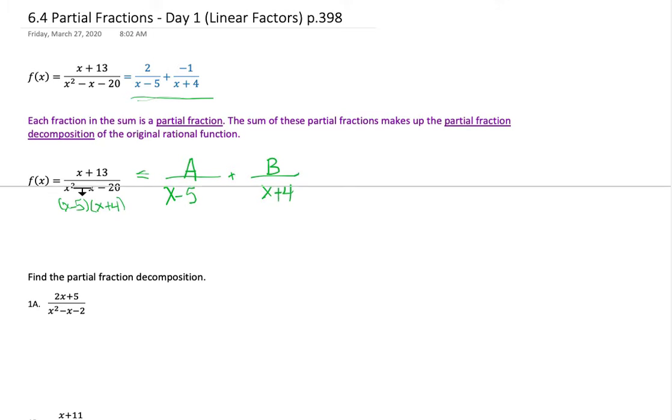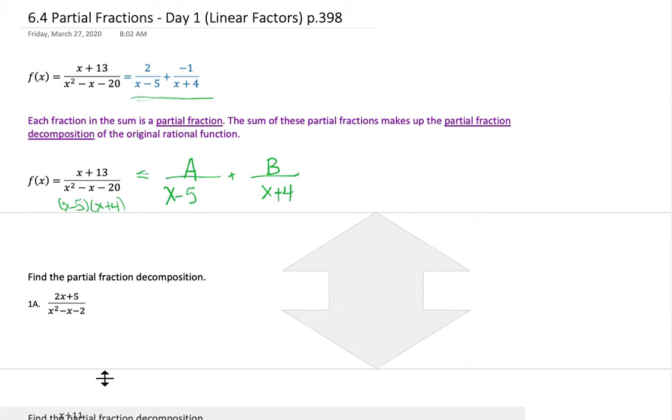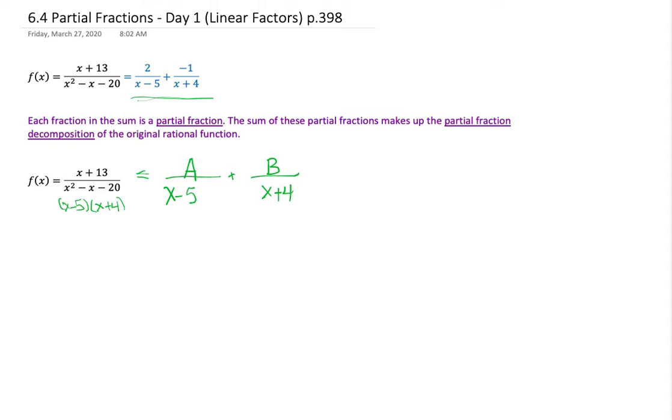Let me insert some space here. We're going to write down just the numerator on the left side of this equal sign. On the right side, we need to look at each partial fraction and determine what part of the denominator it's missing.